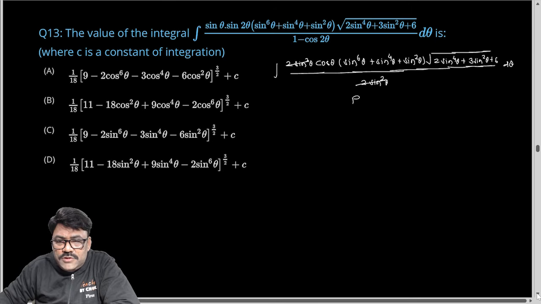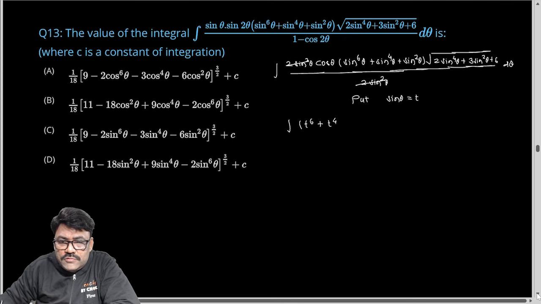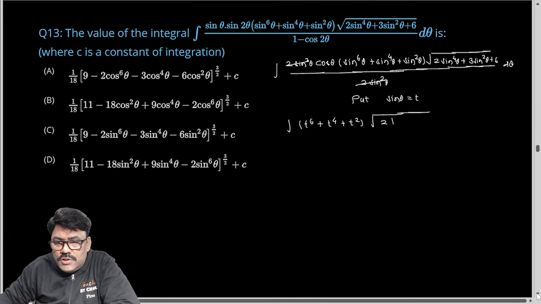Now if I substitute sine theta as t here, then cos theta d theta becomes dt. So this integration is t raised to 6 plus t raised to 4 plus t square, and then under root 2t raised to 4 plus 3t square plus 6 dt, t being sine theta.